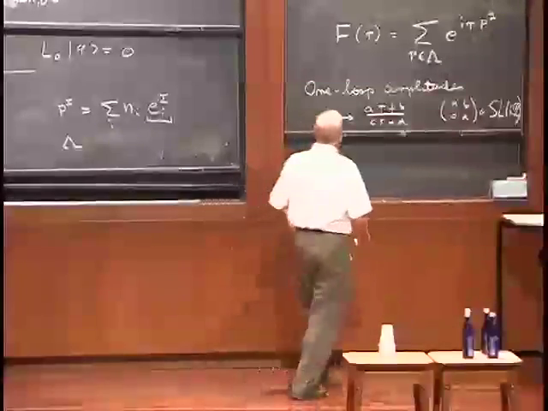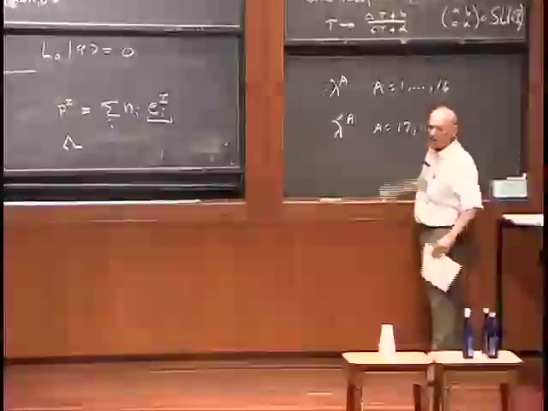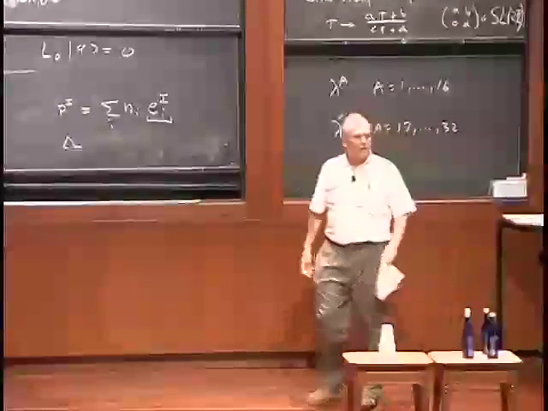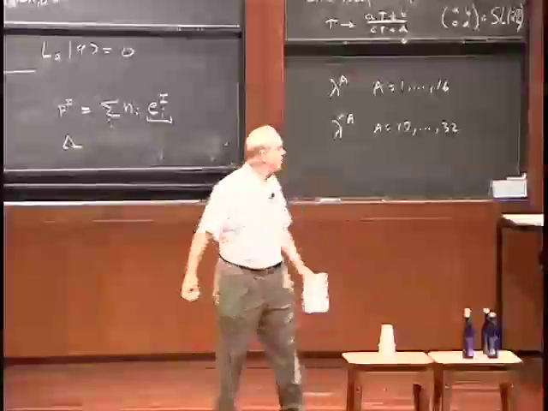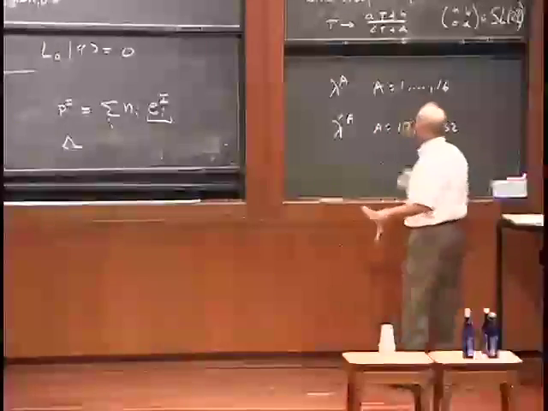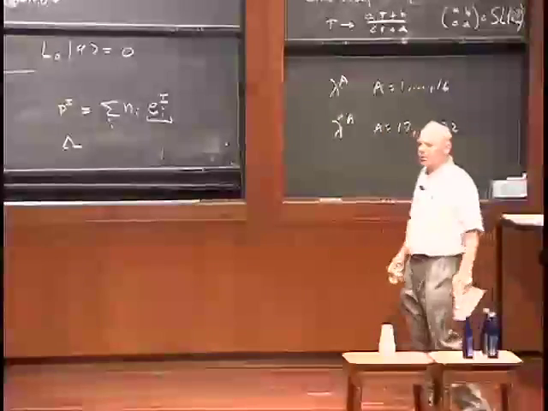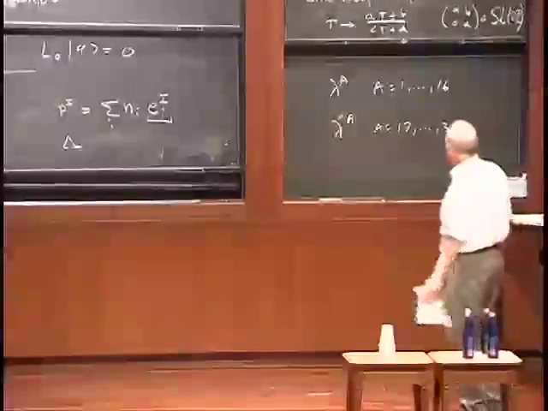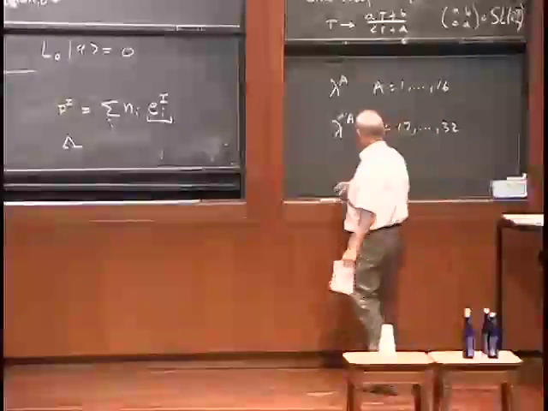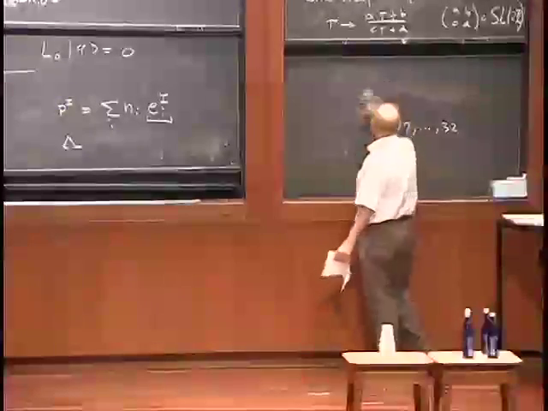So that's the famous modular group. It's a group that shows up all over the place. It's associated with analysis of one-loop amplitudes. The reason being that a one-loop amplitude has a world sheet that's a torus, and this parameter tau characterizes the conformal structure, or the complex structure, of the torus.